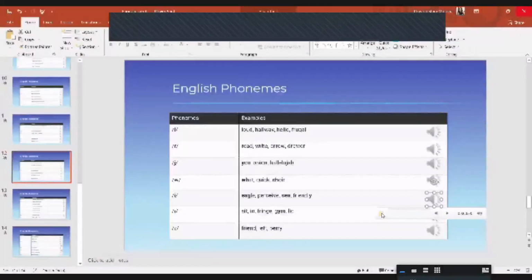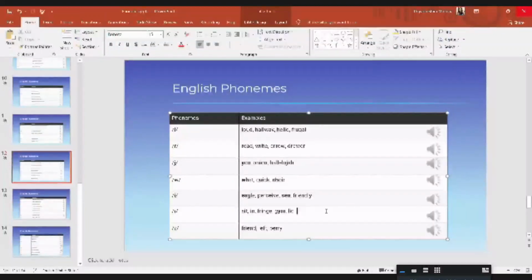Now the one after that has a phoneme with a capital I. The difference between these two is the same difference between your choti e and badi e.